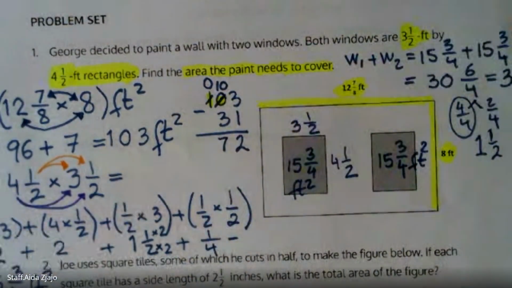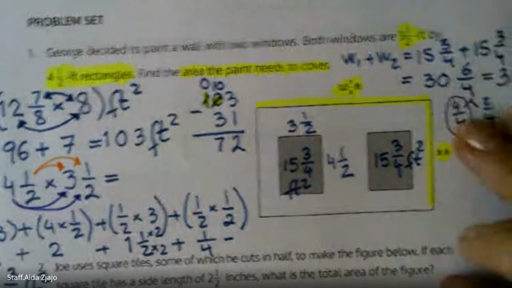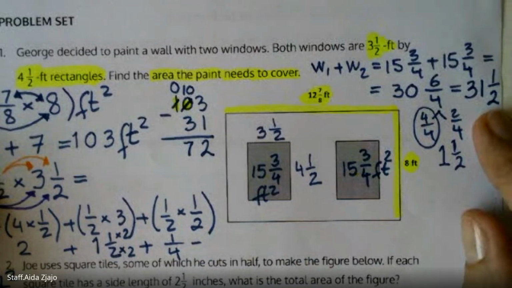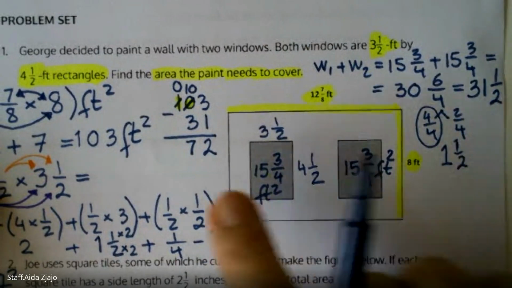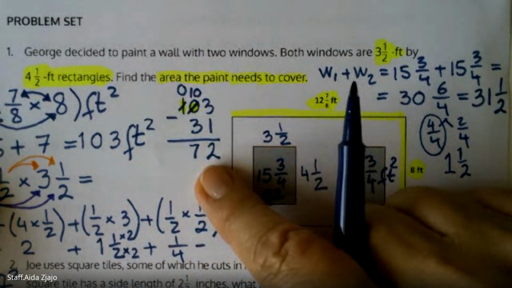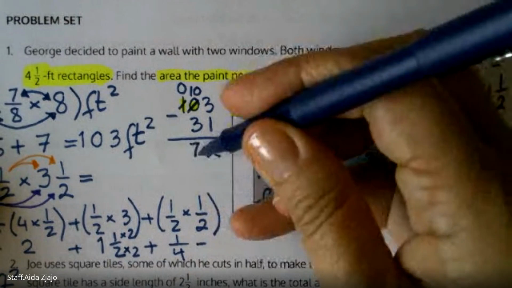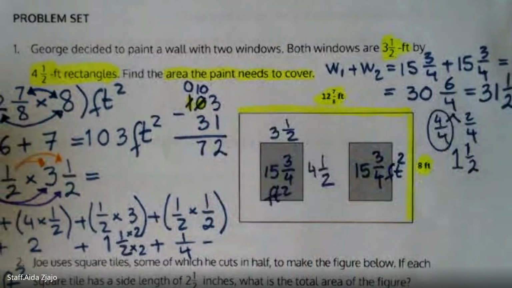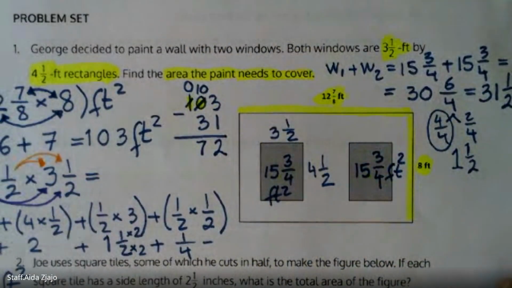I got 72 wholes, but I needed to subtract also 1/2 of it. So if I take 72 wholes and take a half of it, I will have 71 and a half, which would be the total painting area.